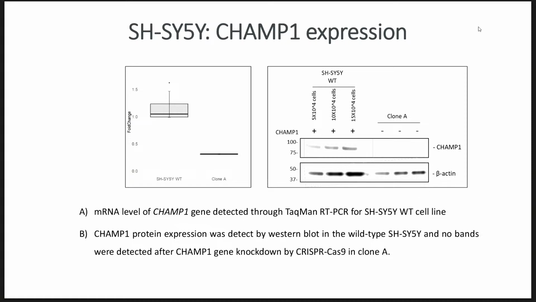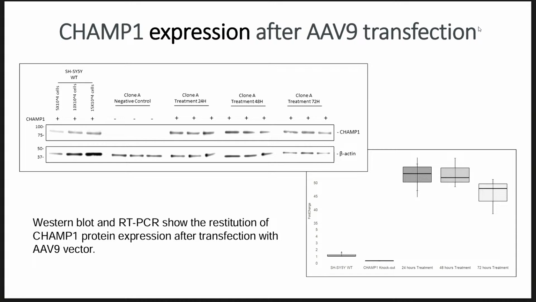So it's a good model to work with, and we were able to confirm it both on RNA and protein level. Next, we treated that cell line with AAV CHEMP1, AAV type 9, exactly the same AAV we will use in the mouse model.